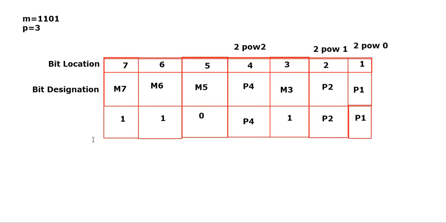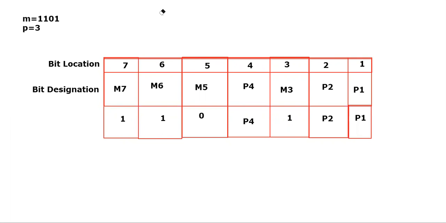And for this, I'm going to convert your bit location and represent it in terms of binary numbers. How do I do that? I'm going to represent all these in terms of binary numbers.